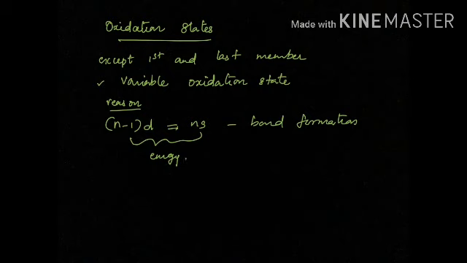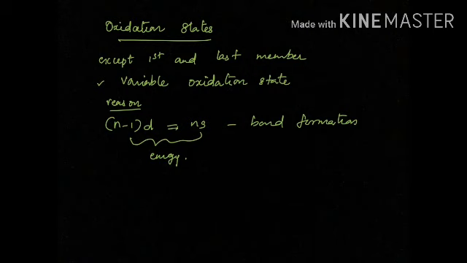Because of the comparable energies of the (n-1)d orbital and the ns orbital, electrons from both the orbitals can take part in the bond formation. So it will result in the variable oxidation state.